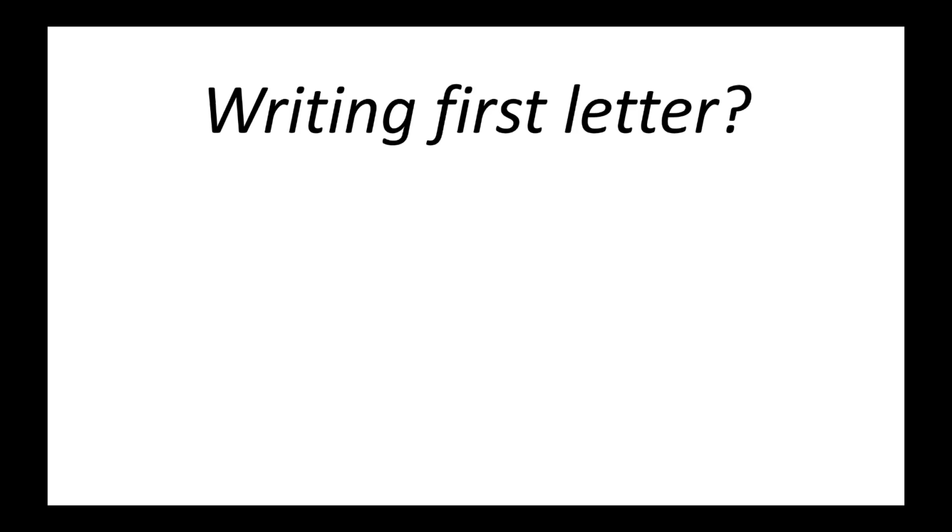Now, if you were just writing the first letter of each word, you will end up with something like this. TNS, DNS, UD. So, let's say that's all that you have done, you have taken this advice from some YouTube videos and you've just written the first letter of each word, then you will end up with 2N, 2S, 2D.